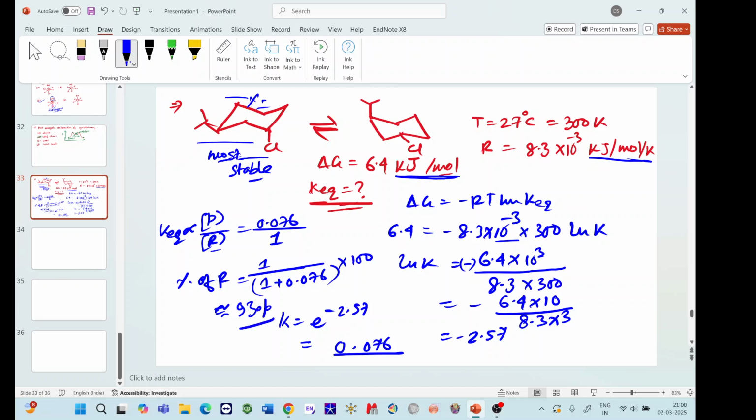One is your fraction for the reactant R, and 1 plus 0.076 is the total. Then you take the percentage. You understand, right? Yes, sir. So now we go to the next one.